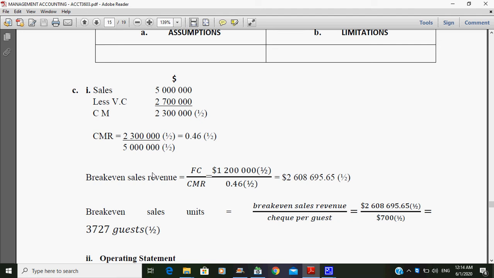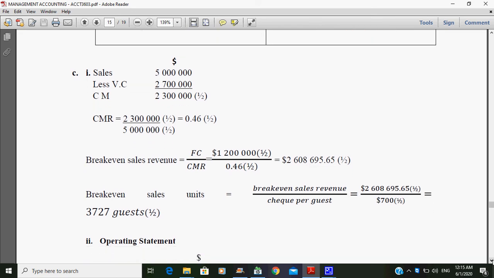To find break-even sales revenue in dollars, remember, it is fixed cost divided by contribution margin ratio. Good? Our fixed cost is 1.2 million and our contribution margin ratio is 0.46, right? So divide 1.2 million by 0.46, you get 2,608,695. Good?